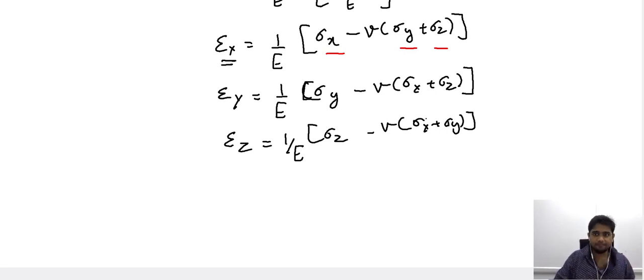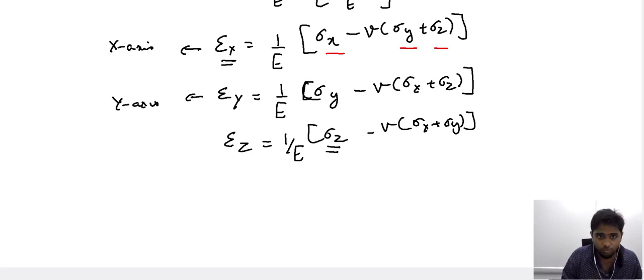I hope I have captured the notations properly, but the form of the expression remains the same. The stress that brings about the response along the respective direction assumes the first part here, and the rest bring about the indirect response. So what we have done is achieved an expression for the overall strain along the x-axis, the y-axis, and the z-axis.